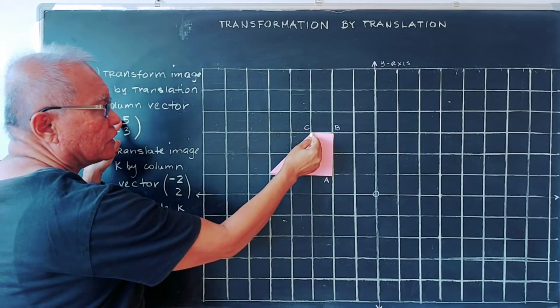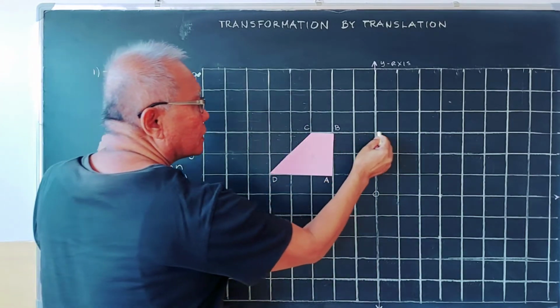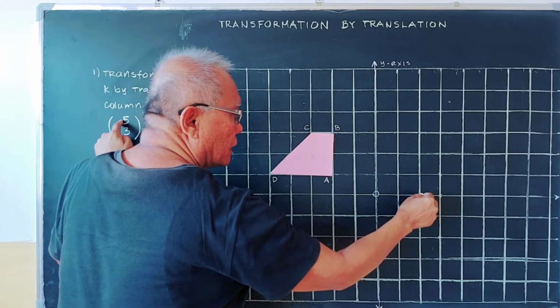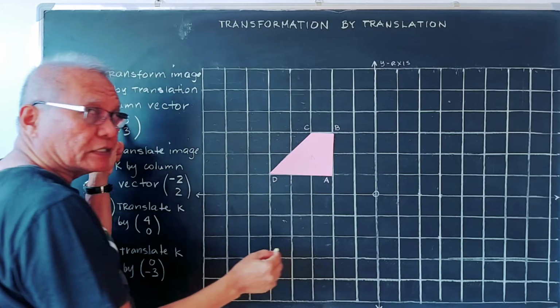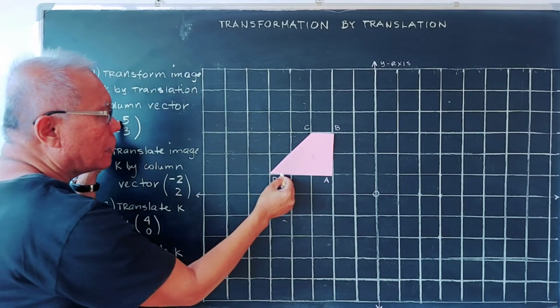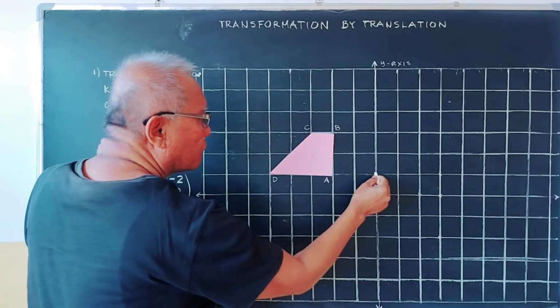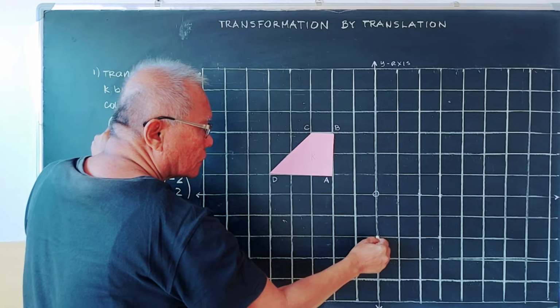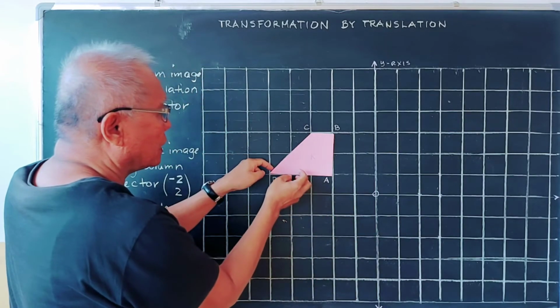So from C, we have 1, 2, 3, 4, 5, and 1, 2, and 3. So our C is there. And then we have the D. 5 again. 1, 2, 3, 4, 5, and down 3. 1, 2, 3. So this is our image.